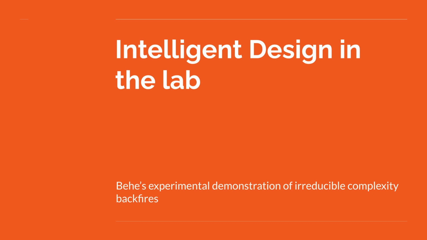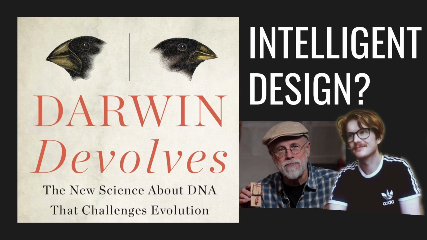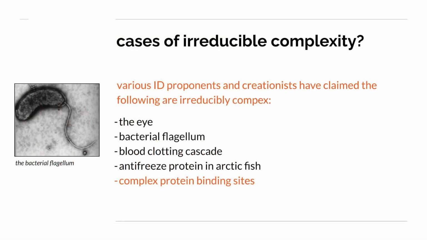Occasionally, constructing arguments against Darwinism involves some scientific argumentation, like Darwin Devolves, which is based on a 2010 paper from Michael Behe. Today we're discussing a similar case. ID proponents were hopeful that a few systems in particular would support the notion of irreducible complexity, for instance, complex protein binding sites.